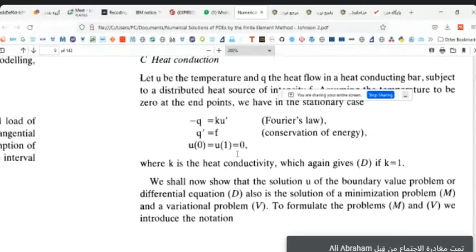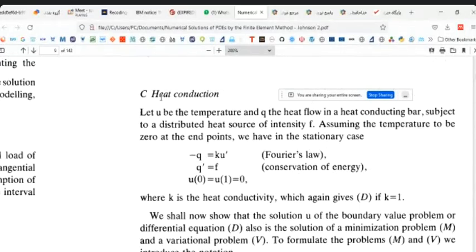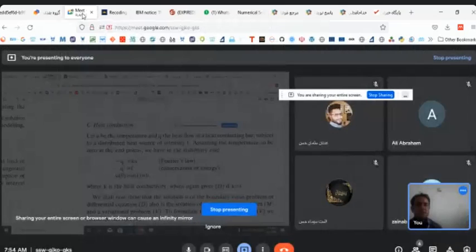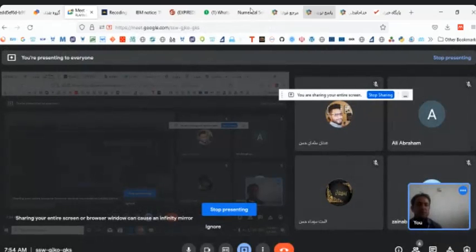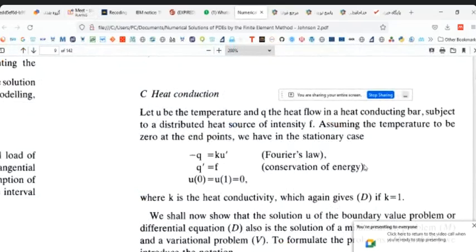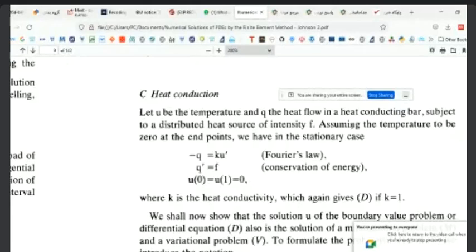We can also take a look at heat conduction. Let u be the temperature and q the heat flow in the heat conducting bar. We assume that we have a bar that can conduct heat through itself.